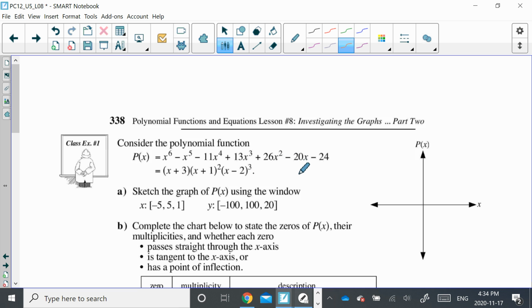We know from our previous lesson, lesson 7, this is the y-intercept of my graph. So when it is in expanded form, this guy right here is my y-intercept. So the y-intercept of this graph is equal to negative 24. This tells me the degree of my graph. This is a 6th degree polynomial function.